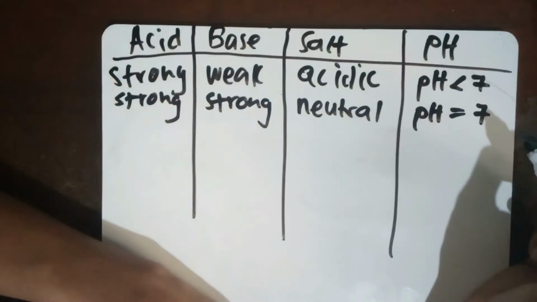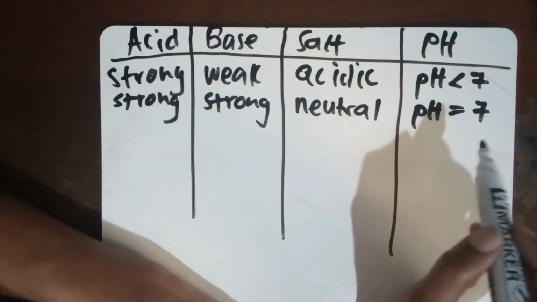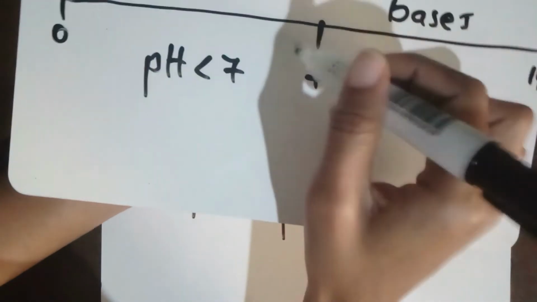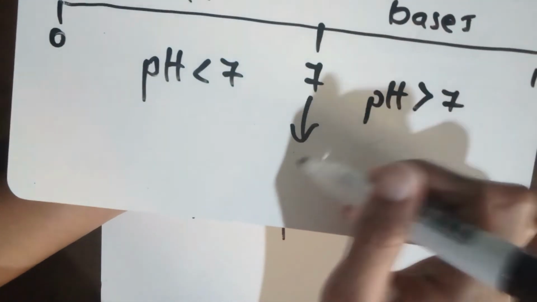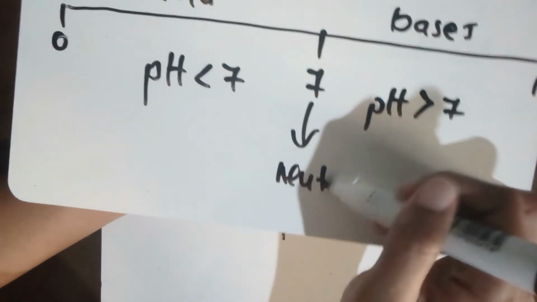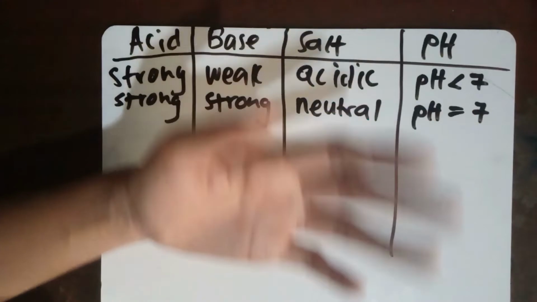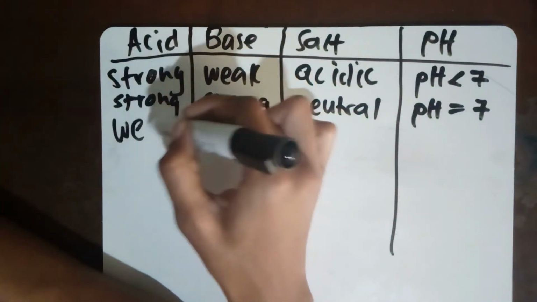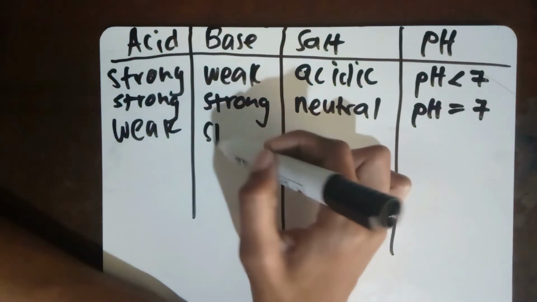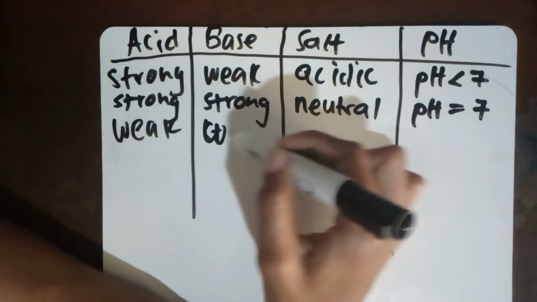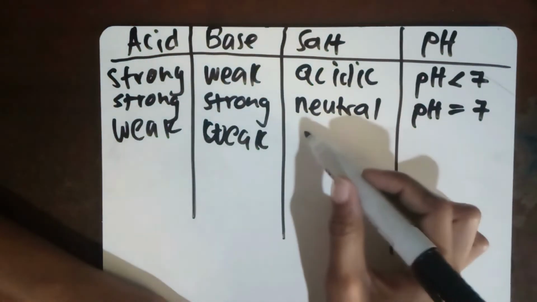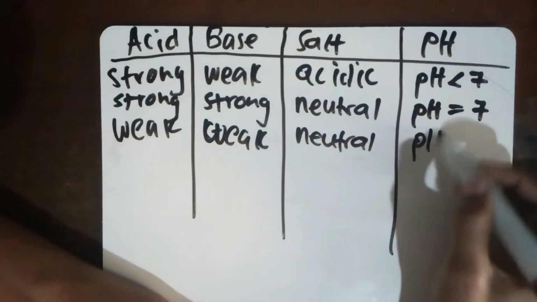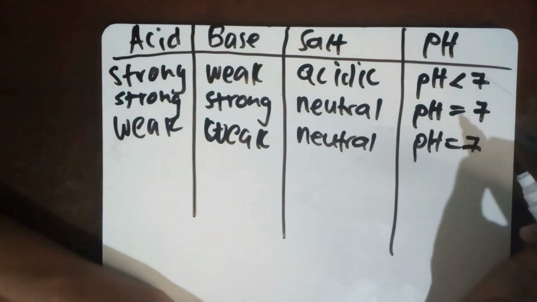I don't know if I mentioned that when I was drawing that pH scale, right? And then if you're reacting a weak acid with a weak base, we will also have a neutral salt, and its pH is approximately going to be 7, right?